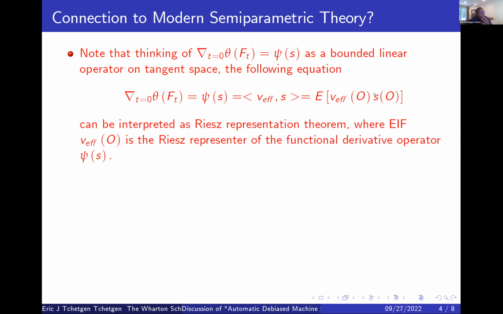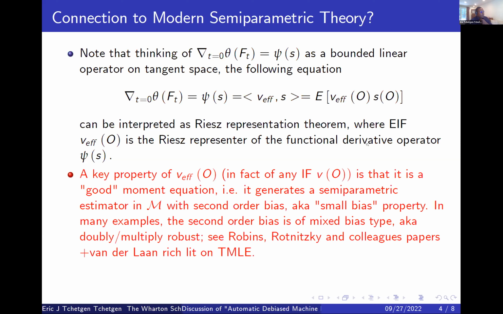This is an implementation of the Riesz representation theorem from the perspective of the functional, not a moment equation, from the perspective of the functional and the semi-parametric model, because that is what defines the tangent space. The efficient influence function VF is the Riesz representative of the functional derivative operator psi of S.